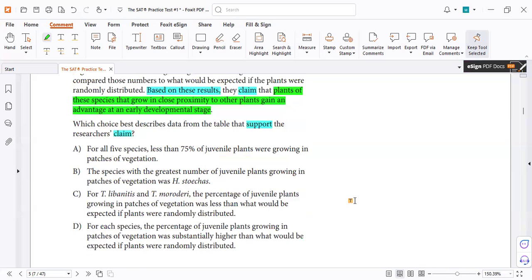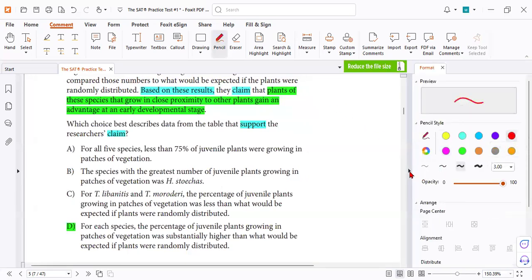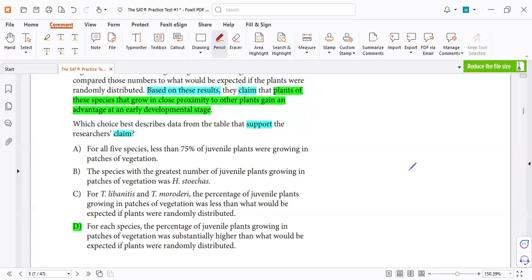So D? Letter D, yes, but we need to find how did we know. Okay. So, the language itself. He said the plants of these species.